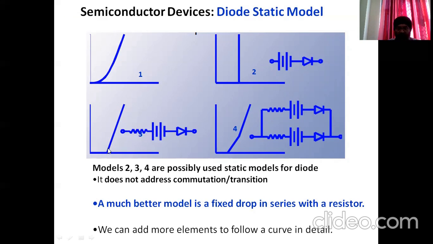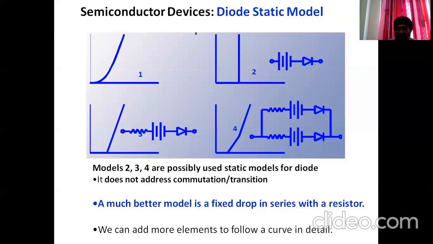And for an even better model, we can use a branch like here: PN junction, DC source, and an internal resistance, with the source equal to the threshold voltage. These branches can be replicated in parallel.